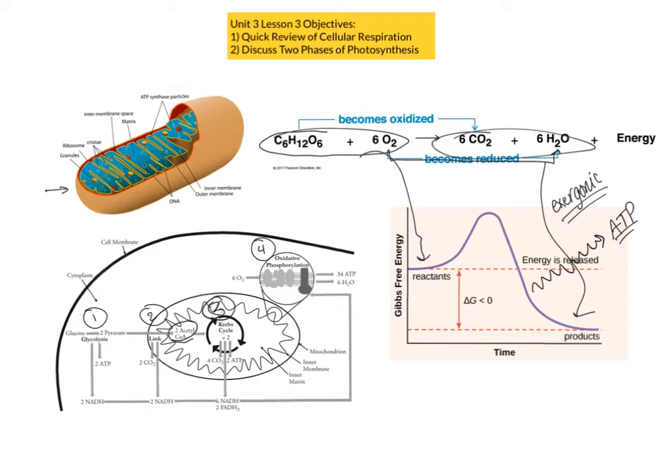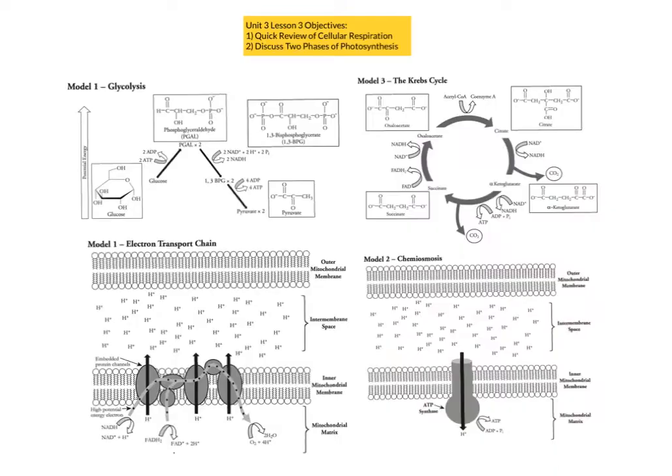Okay, so then let's look at the phases in detail. So we've seen these models before. You can find the video that I made right before break where I went through this a little bit more in depth, summarizing how these models are connected. You can find that on Schoology and in our study guide. But just so that we have this fresh in our mind right now, what I talked about in class was that we have glycolysis represented here in model 1, the result of which we get pyruvate.